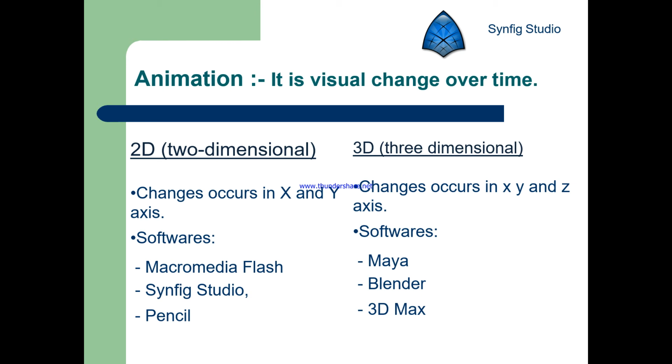There are some professional software used in the market to design 3D animation: Maya, Blender and 3D Max. All types of cartoons and animation acts are mostly designed or developed in these three software.